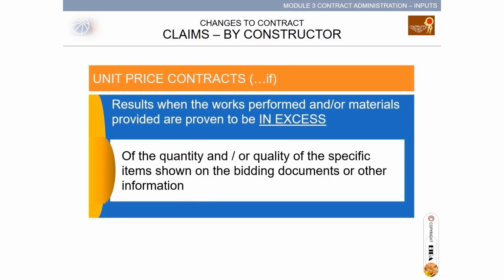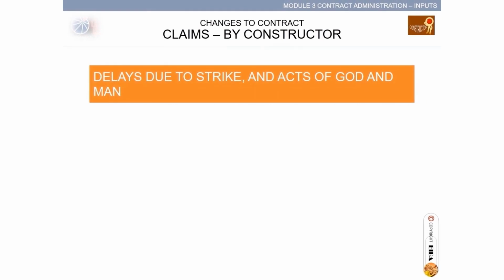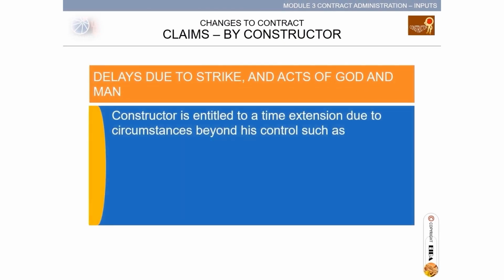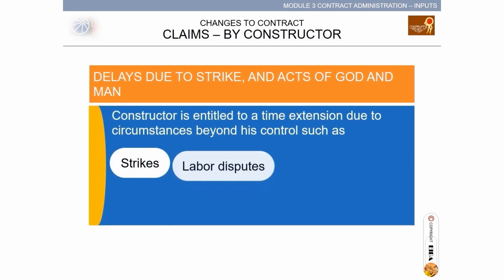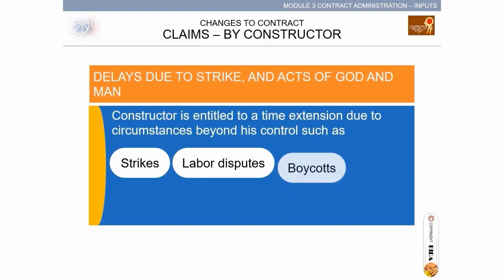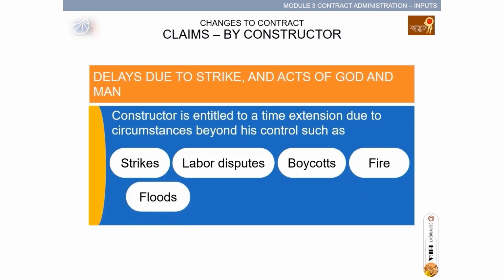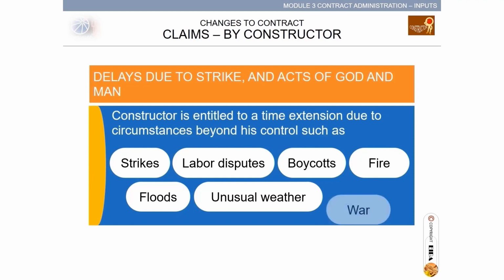documents or other information. Delays due to strike and acts of God and man. The constructor is entitled to a time extension due to circumstances beyond his control, such as strikes by the constructor's employees, labor disputes within the constructor's organization, boycotts by workers of the constructor, fire, floods, unusual weather in the area of the site when normal climate is expected during project time, and war.